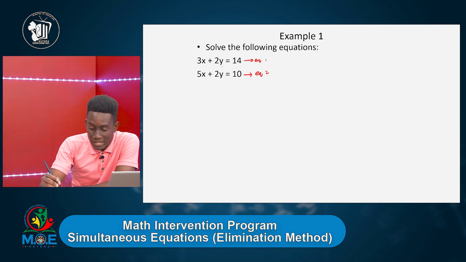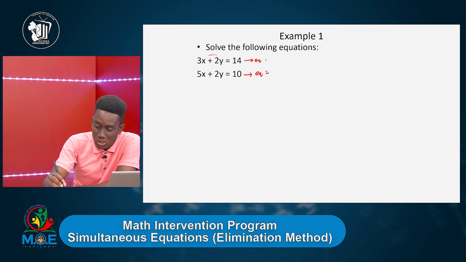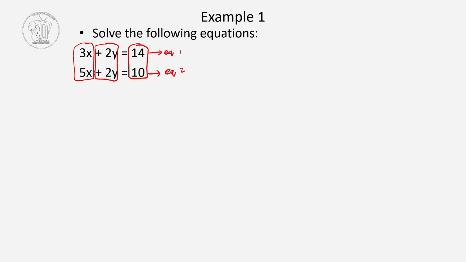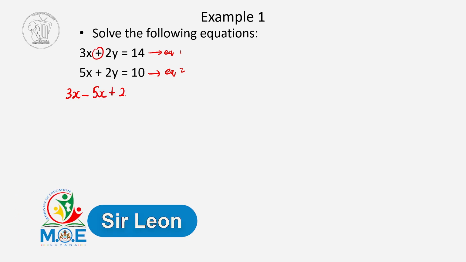Now, a key thing to note: if we subtract these two terms, we have to do the same for all the other like terms in this question. So we'll have 3x subtract 5x, plus 2y subtract 2y, and that will be equal to 14 subtract 10.